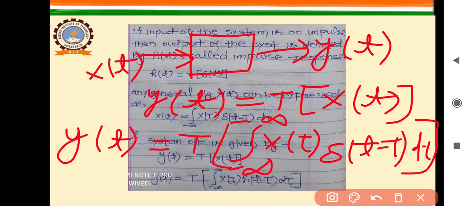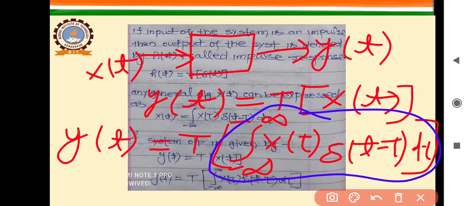So y of t will be the transformation of this given signal, the integral over tau from minus infinity to plus infinity of x of tau delta of t minus tau.